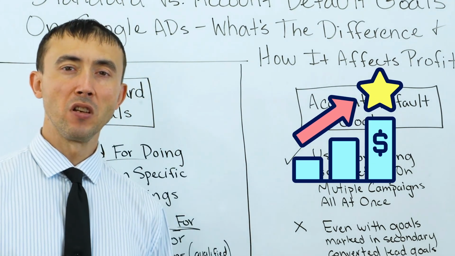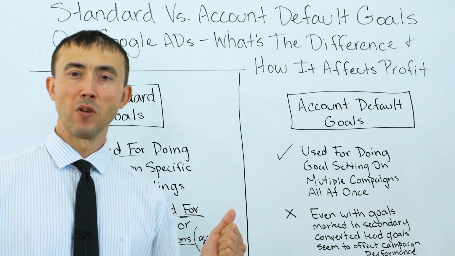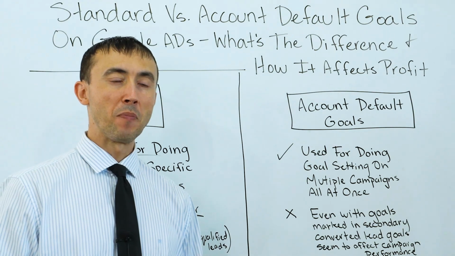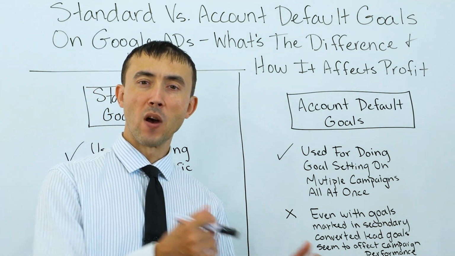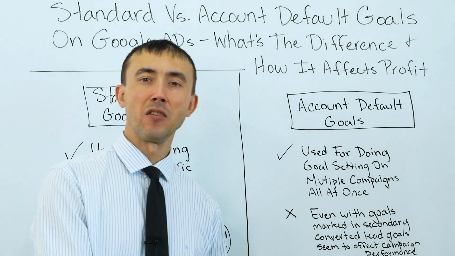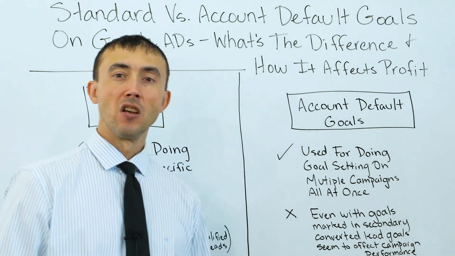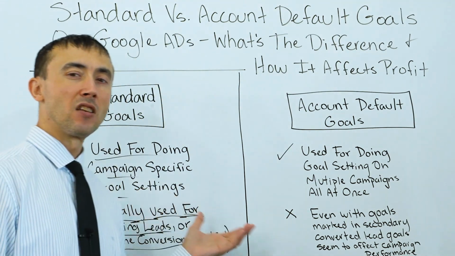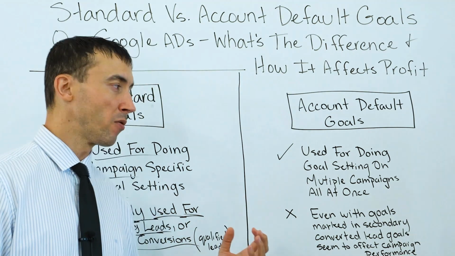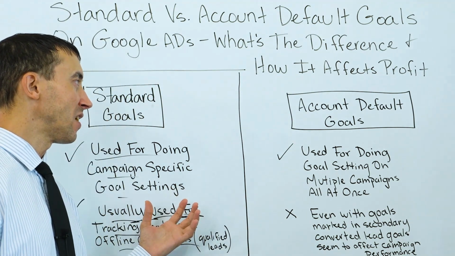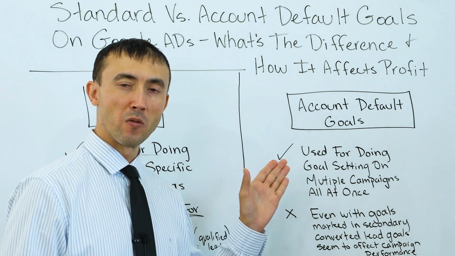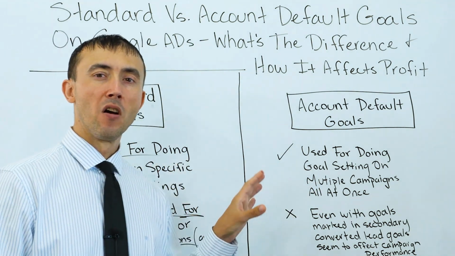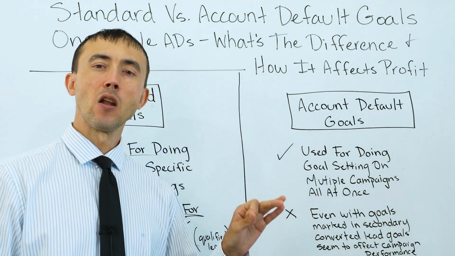So what people will do is have their goals that track, let's say, time on site, 2 minutes or more, or people who have requested an ebook as a secondary thing that you want them to do on a landing page. They'll set those up as standard goals because that's not the ultimate goal of the campaign they're running. So they'll just set it up as a secondary, whereas the default, what you're really going for is sales. And so they'll just set those goals up as secondary. Now, again, it's not always that way.